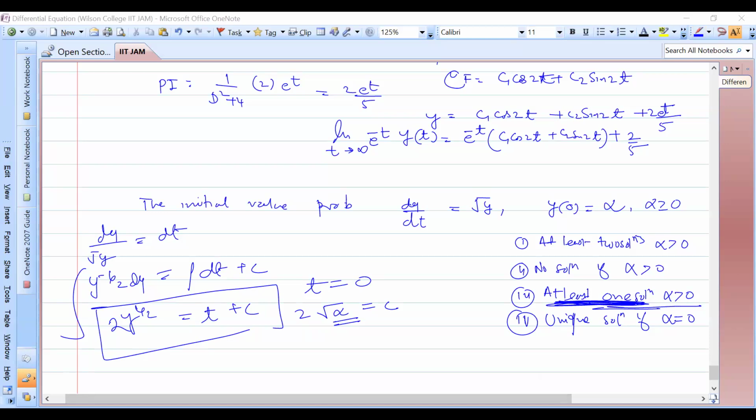Sir, in Cartesian form, differentiate the given equation with respect to x, then eliminate the parameter, and then replace dy by dx with minus dx upon dy. Okay. So I'm taking a question based on that orthogonal trajectory, because this is again part of differential equations only.